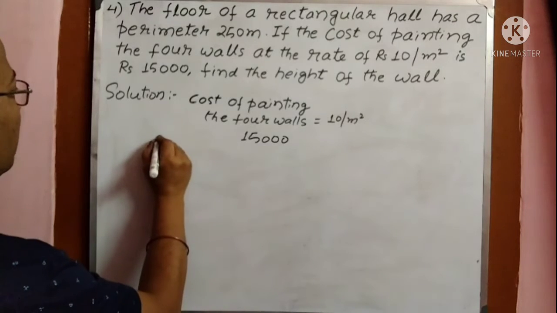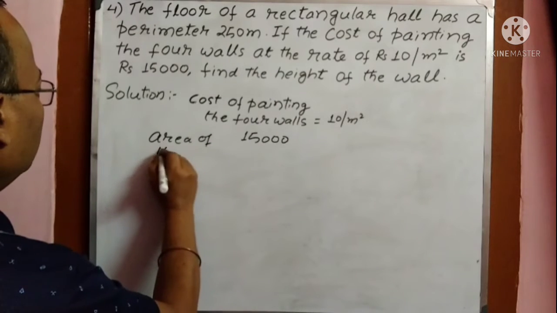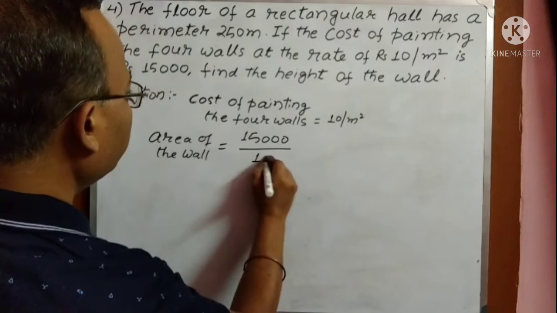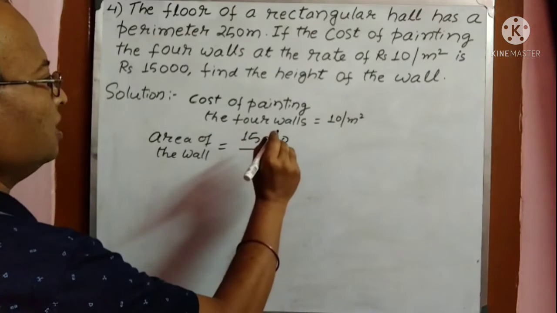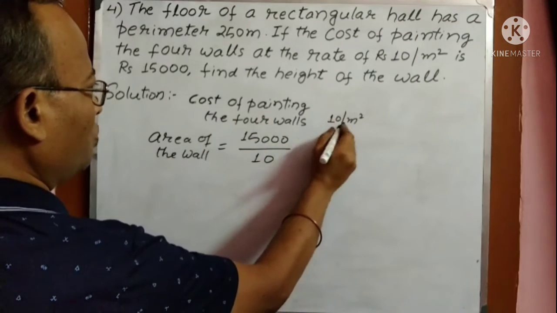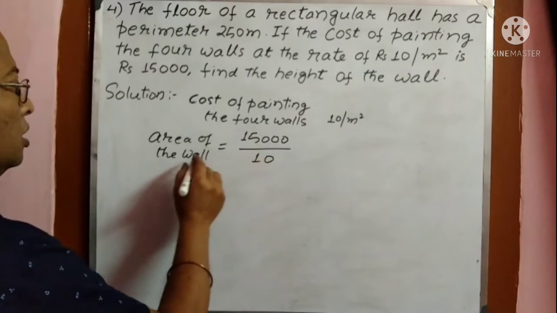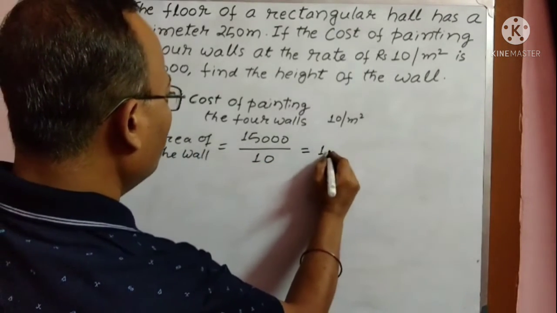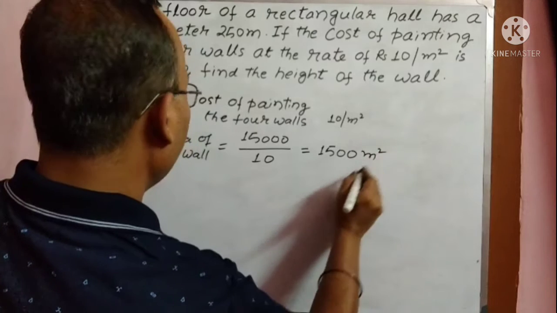So we can find out the area of the wall, which will be equal to 15,000 by 10, because the rate of painting the 4 walls is 10 rupees per meter square, and the total amount is 15,000. So area of the wall will be 15,000 by 10, which will be 1500 meter square.